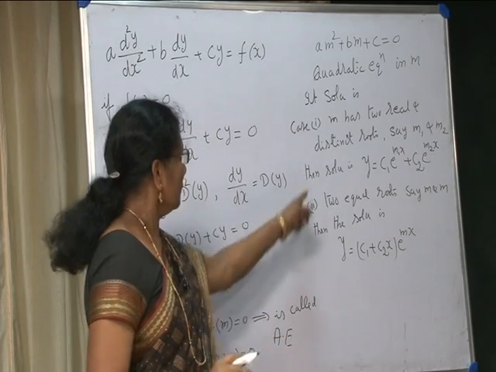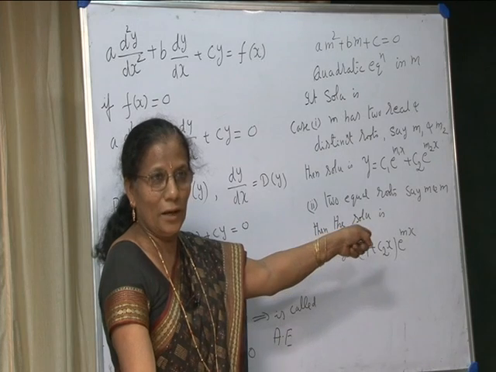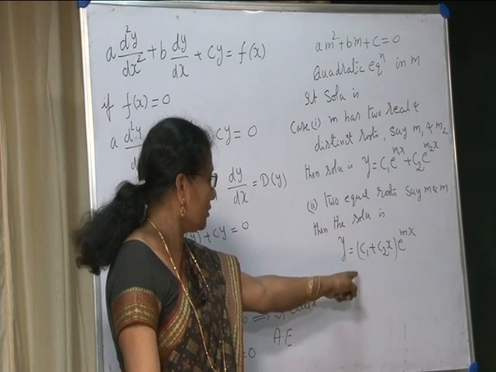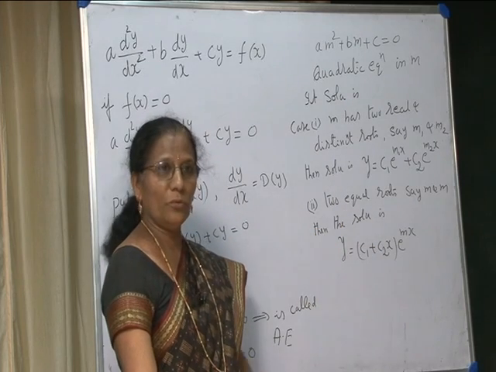Look here, when this equation has 2 equal roots, let us say m and m, then the solution is y is equal to c1 plus c2x, whole in the bracket, e to the power of mx.